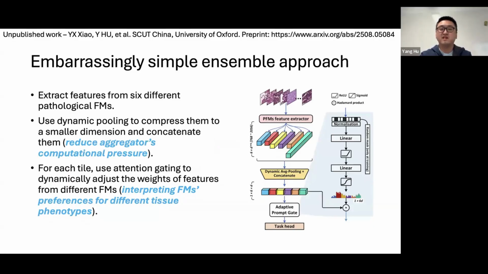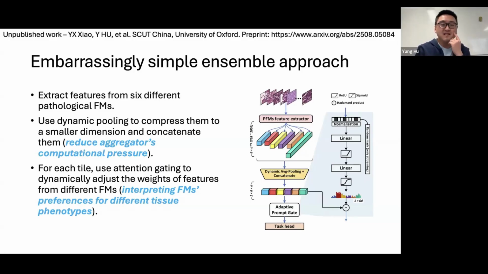The structure of this ensembling approach is embarrassingly simple. We extract the features from 6 different pathology foundation models, and we use average pooling to compress them into a smaller dimension because we don't have enough computation resources, as each foundation model usually has more than 1,000 dimensions in the feature space.